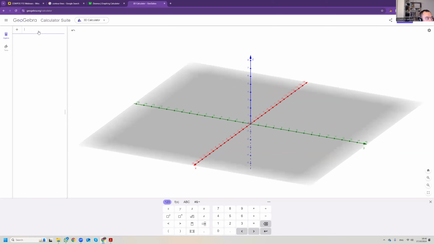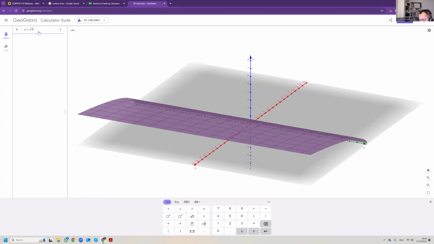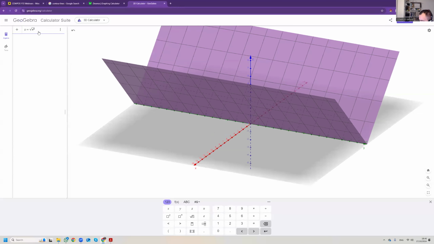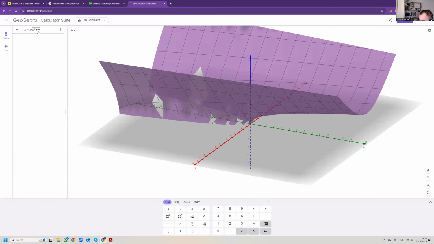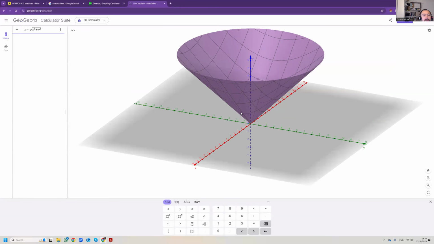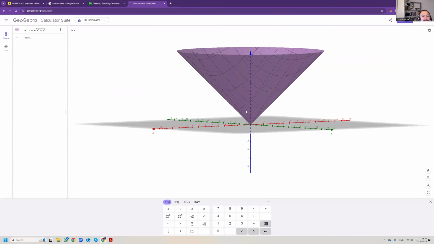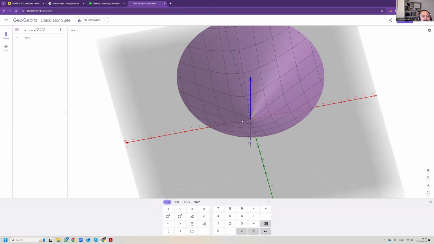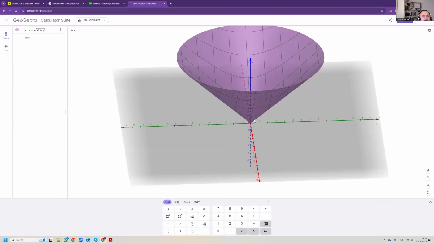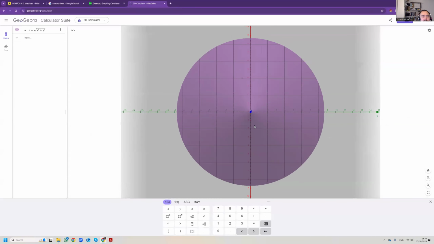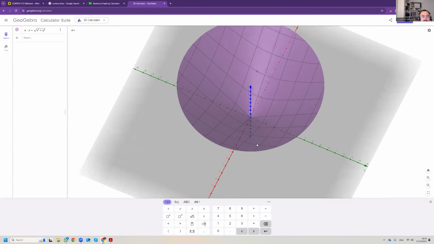So z equals the square root of x squared plus y squared. Oh yeah, it does look like a cone. And if we look from the top, the contour lines are just these.